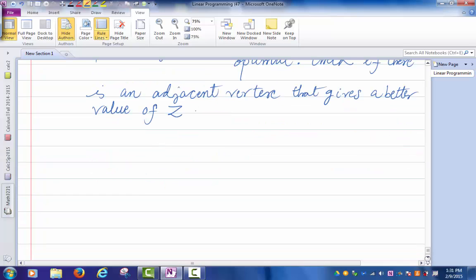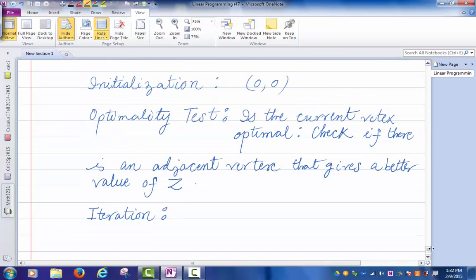And then the next step is the iteration step. If the answer to the optimality test is yes, I have arrived at an optimal solution, then the program stops.